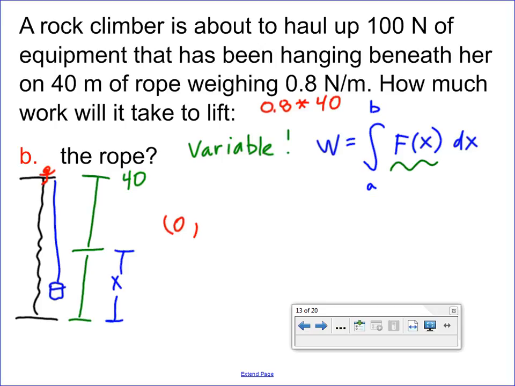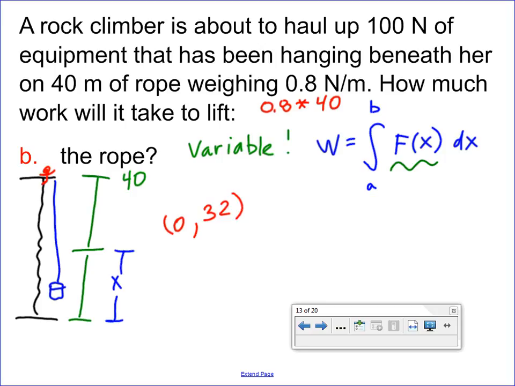So how much does the rope weigh when 0 meters have been hauled in at the very start? 32. Yeah, 32. Awesome.